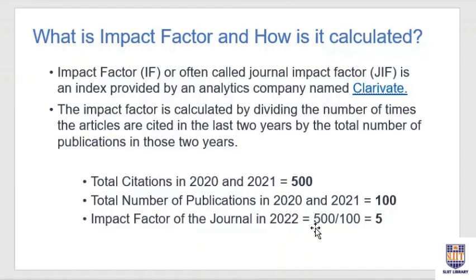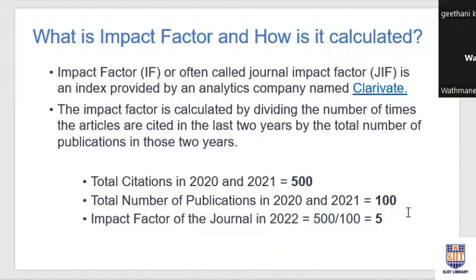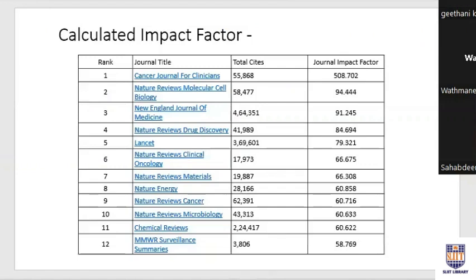So the impact factor of the journal equals 5 in this example. There are many organizations with different ways to calculate this indicator. This is how Clarivate Analytics calculates it.